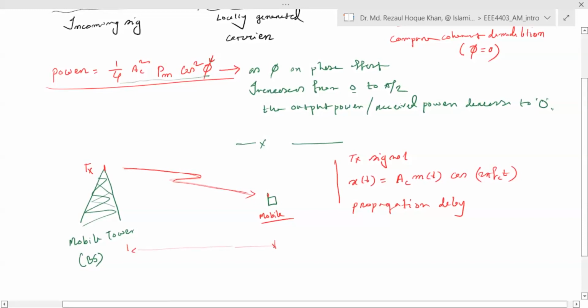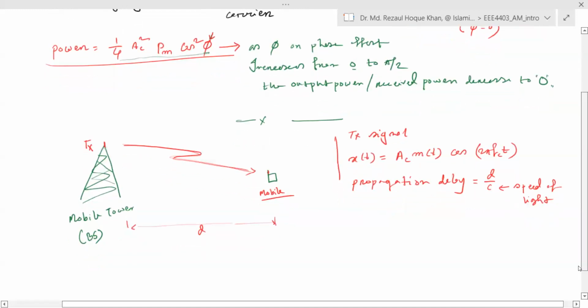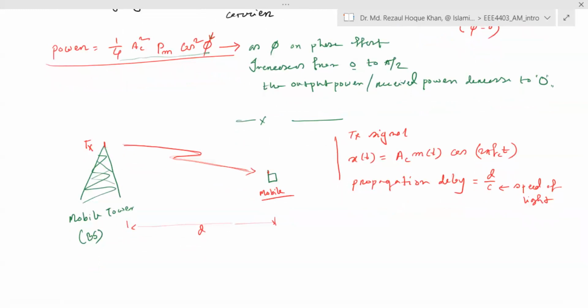So what is this propagation delay? If this distance is d, then the propagation delay is nothing but d by c. What is this c? c is the speed of light.